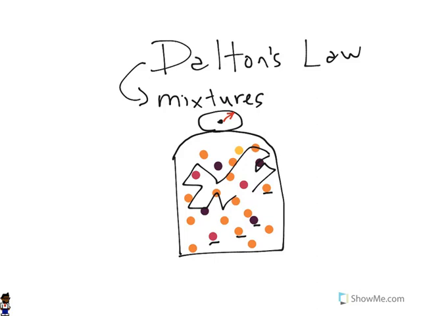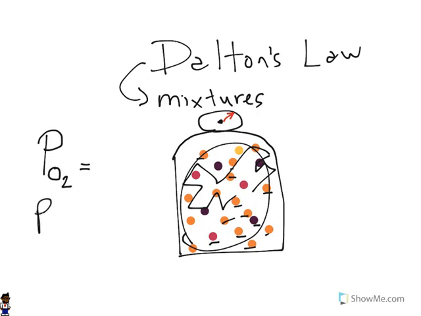So if you know the pressure of each gas, then you can find the total pressure of the mixture by adding up all the pressures of each gas, called partial pressures. And partial pressures are represented like this. If you had a mixture and it had oxygen in it, and you wanted to find the pressure that's coming from oxygen, the partial pressure of oxygen is written like this. So you got a P telling you pressure, but now you have subscript O2.